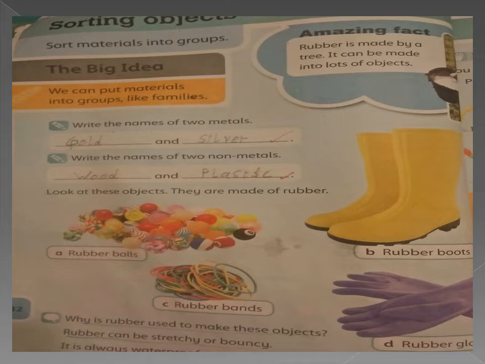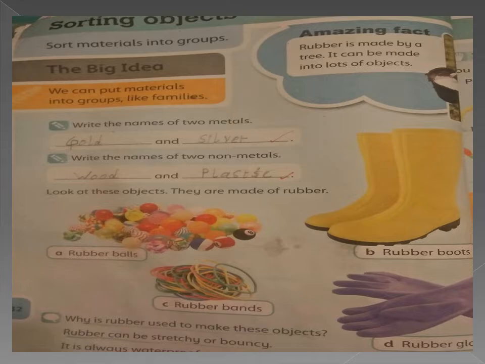Some materials are metals and some are non-metals. What are metals? Yes, we have discussed that metals are really strong, and there are so many metals, that is gold, silver, steel, iron, and all the metals are very strong.